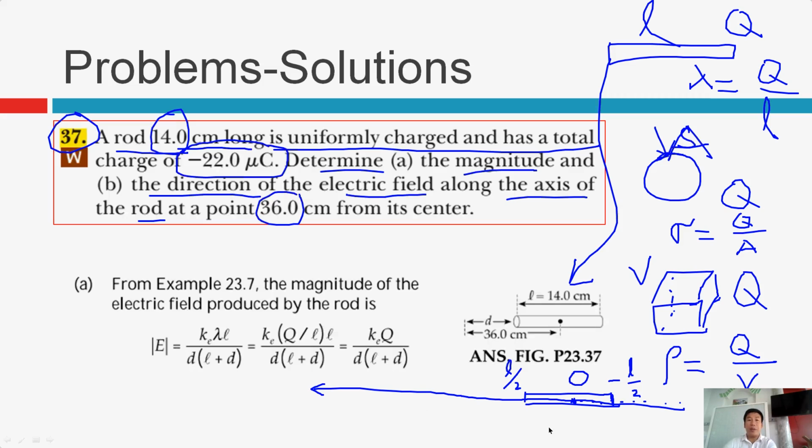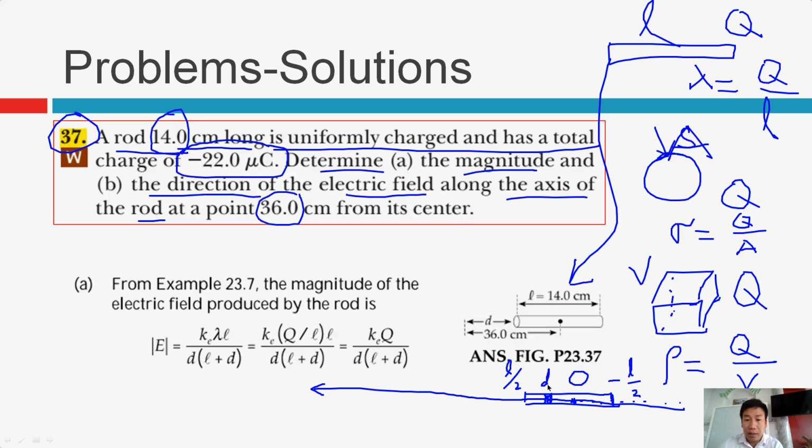The first thing you need to do is apply an axis on the rod. The second thing is, because you have no formula for the electric field of the extended object, but you only have the formula for the point charge, you need to divide this rod into many point charges.